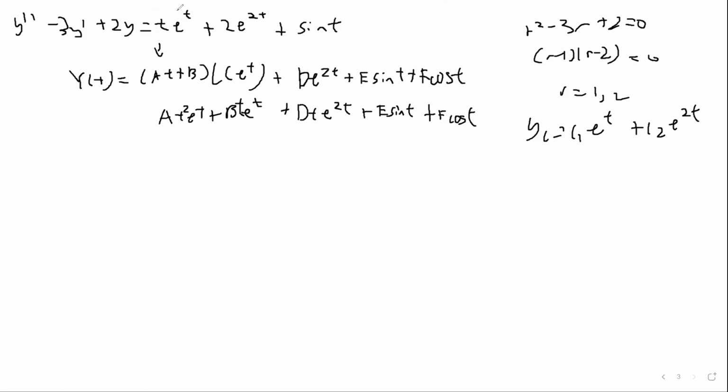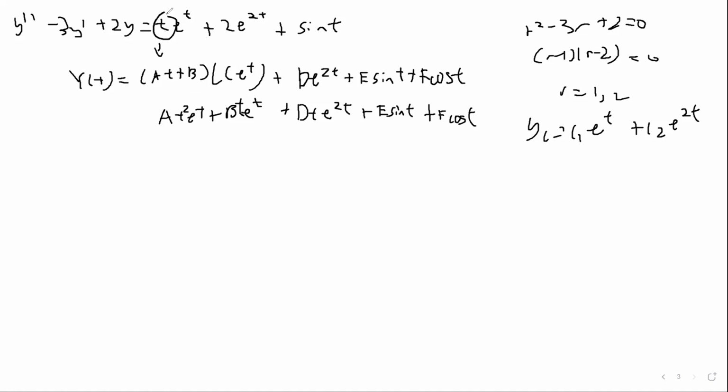So this is the way. The way that we figure out the form is, if it's a polynomial, we turn it into its polynomial. If it's e to the t, we turn it into its form. We use the table on every factor, both multiplied and added. And that's our first step.